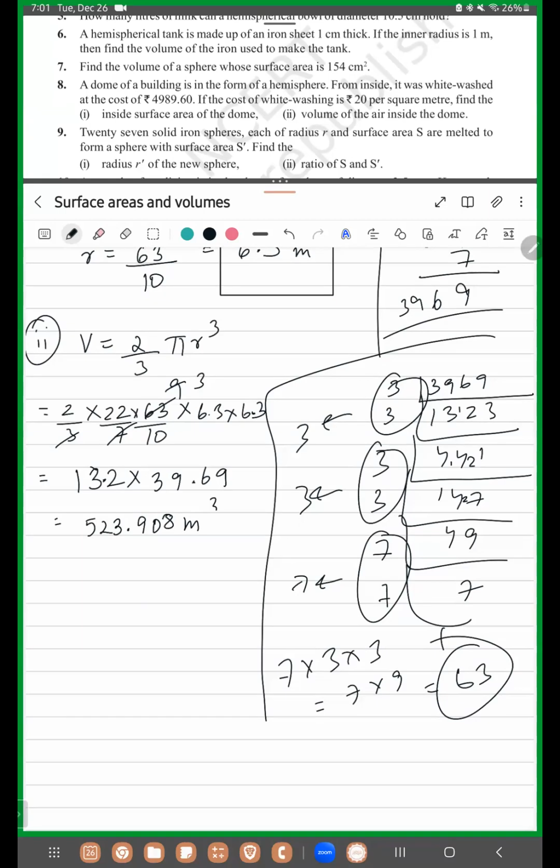Meter cube. Okay, this is going to be your answer.